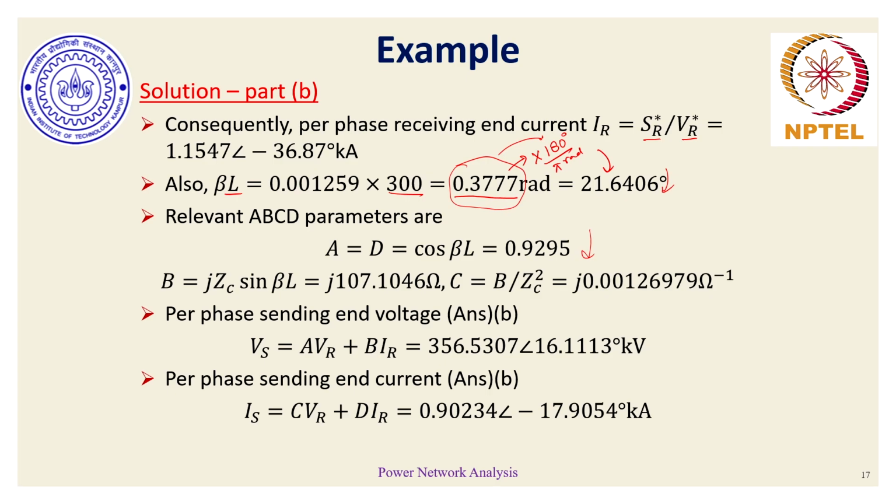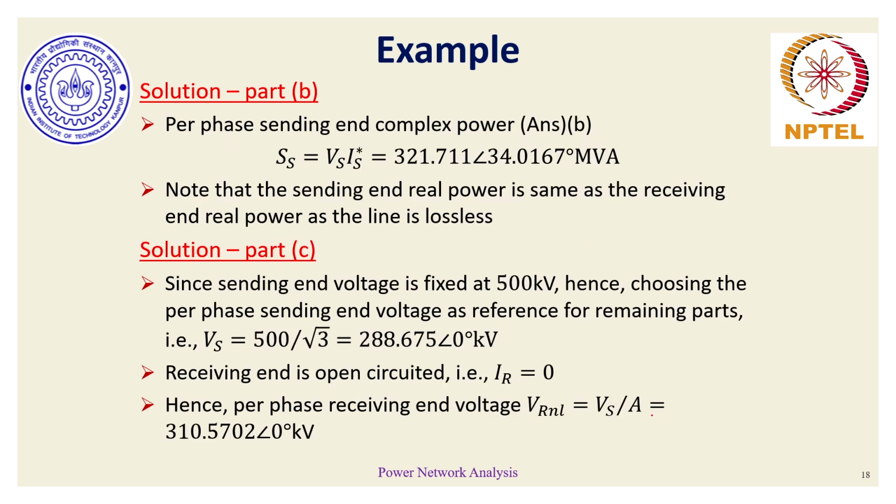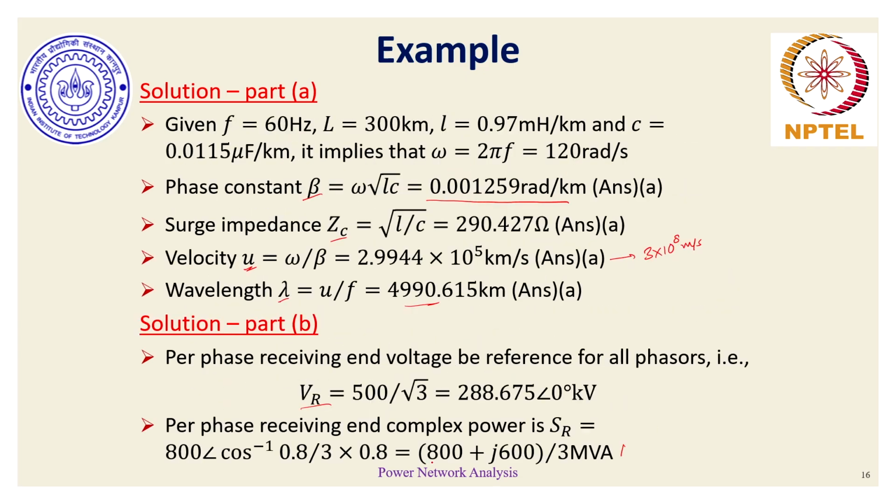Having evaluated those ABCD parameters with proper setting, we can then put in those numbers of A, B, VR, IR to find the sending end voltage and sending end current, multiply them and find the corresponding complex power.